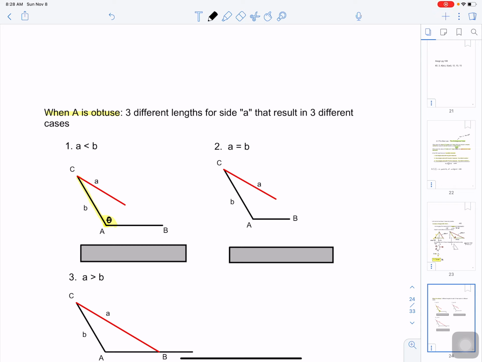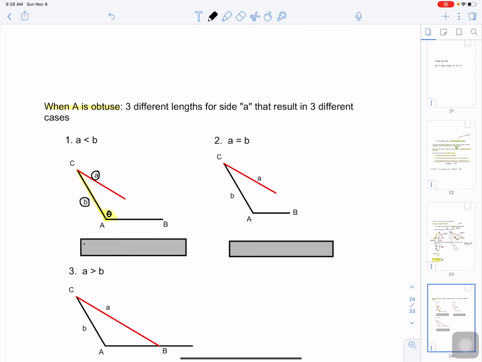One scenario could be that this length A is smaller than length B. If length A is smaller than length B, it means that this can't even form a triangle at all.